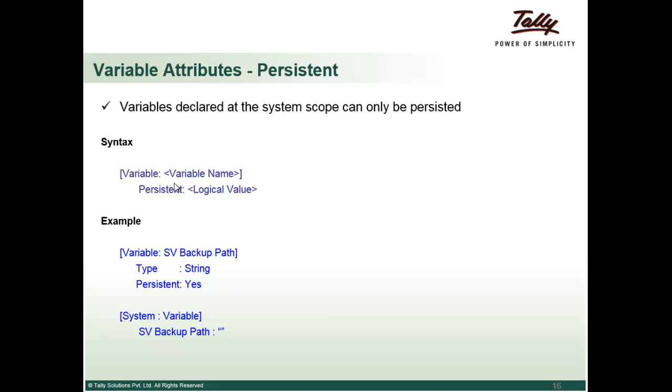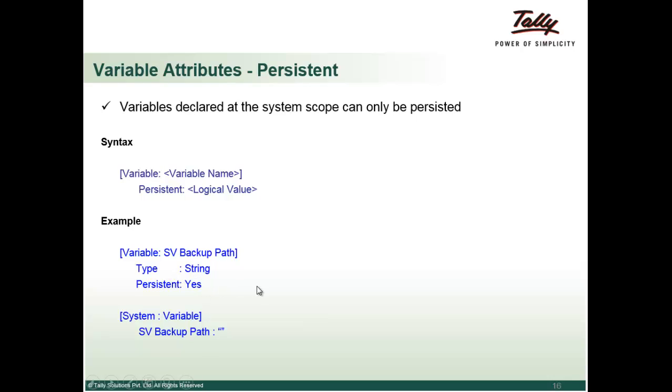One more important point is that only variables which are declared as system scope can be persistent. So you must be already aware of what a system variable, report level variable, and so on are. Only the system variables can be persistent. As I already gave an example of the backup path, there is a default variable called SVBackupPath, and this is of type persistent yes.